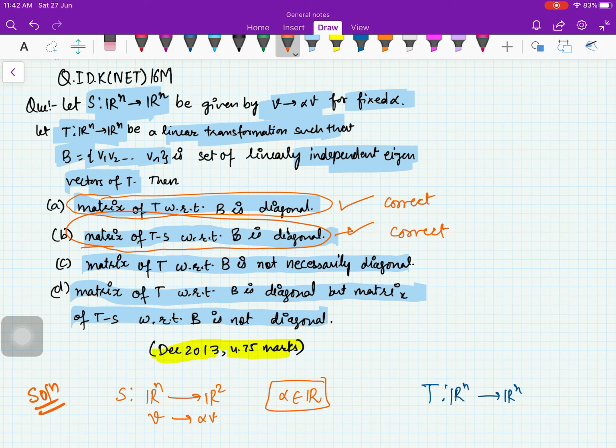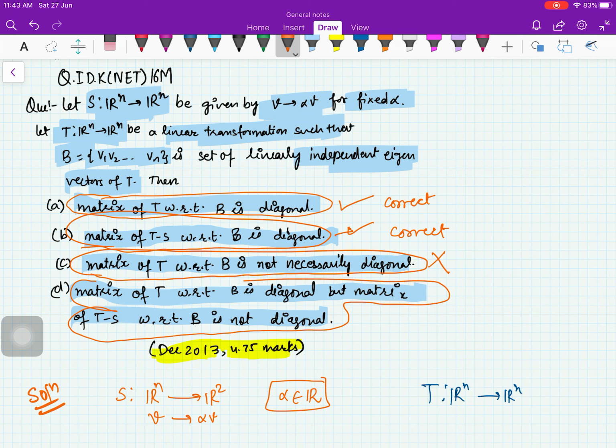This is correct. Matrix of T with respect to basis B is not necessarily diagonal. This is wrong. Matrix of T with respect to basis B is diagonal, but matrix of T minus S with respect to basis B is not diagonal. This is wrong. So your correct options are A and B. Right, so this is how you proceed with these problems.